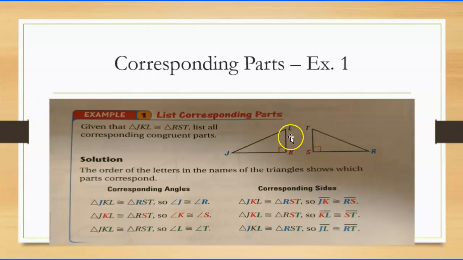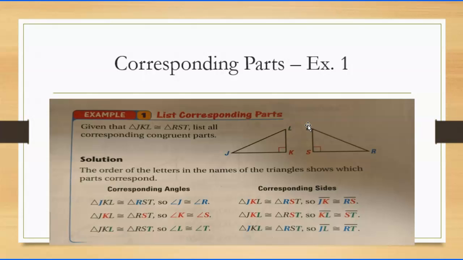So JKL is a mirror image, congruent, whatever you want to call it, to RST. So it is really important that as you name your triangles, if you're going to tell me two triangles are congruent, you've got to name them as mirror images. So be really, really careful with that, and I'll try to point that out in class. Notice here that they say JKL, RST. They have done that correctly.